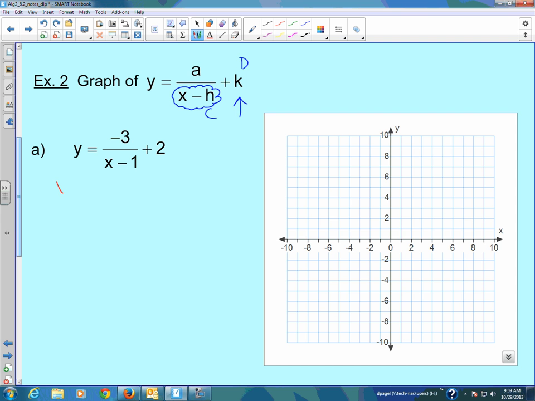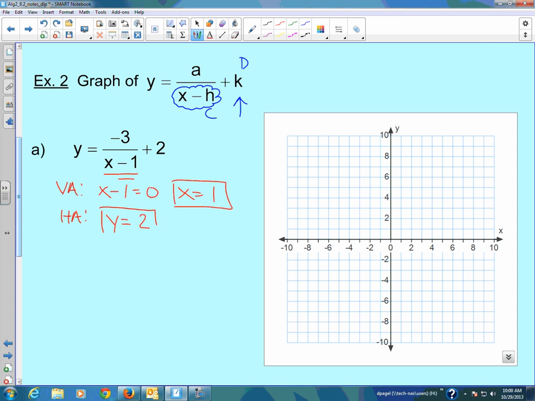For the vertical asymptote, find x minus 1 equals 0, therefore x equals 1. Again, just the opposite, right? The opposite of what I see going on down here. So there's my vertical asymptote, x equals 1. My horizontal asymptote is this value of d, so in this case, y equals 2.